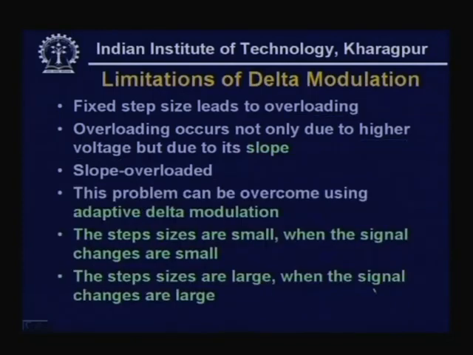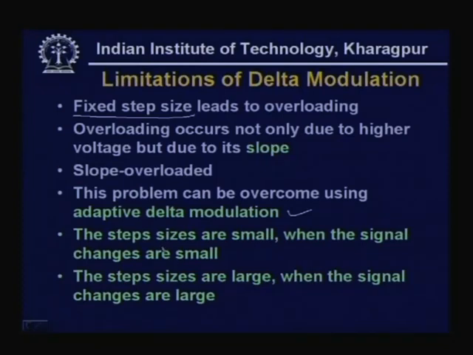And this distortion can be overcome, as we shall see. First of all, distortion is arising because of the fixed step size and the sampling rate, and that can be overcome by using adaptive delta modulation. This technique can be used to overcome the problem of overloading, particularly slope overloading.